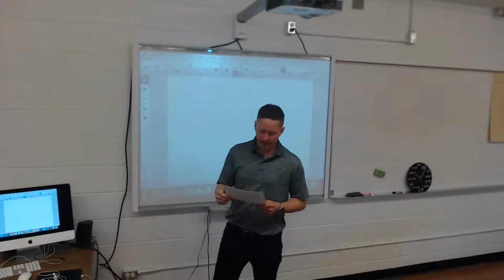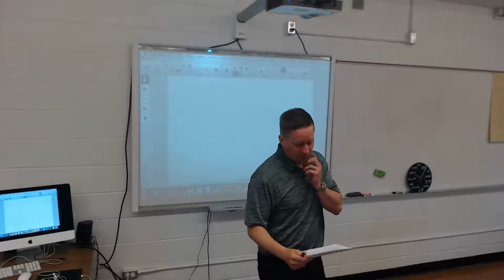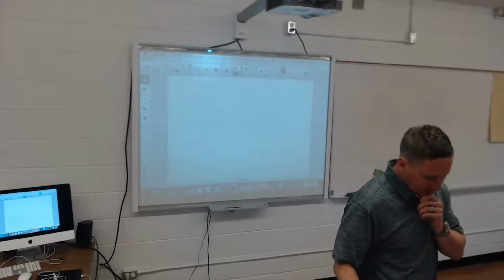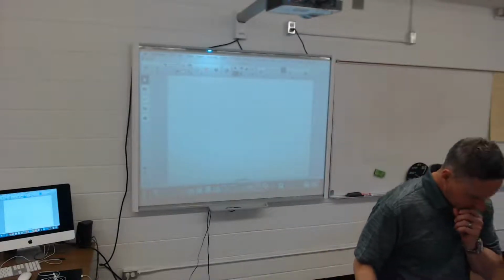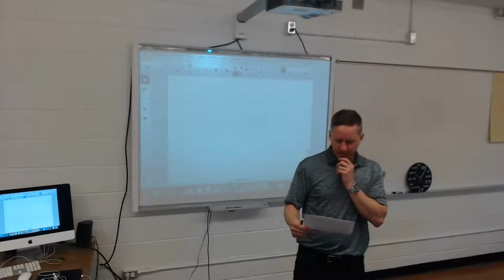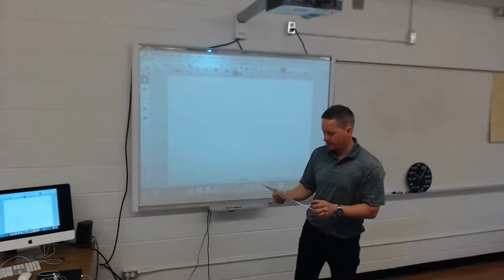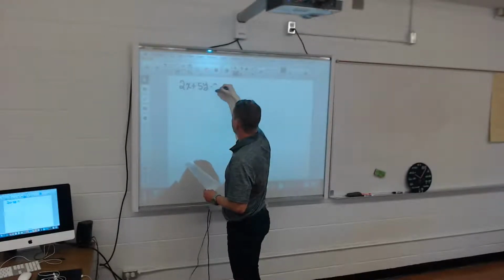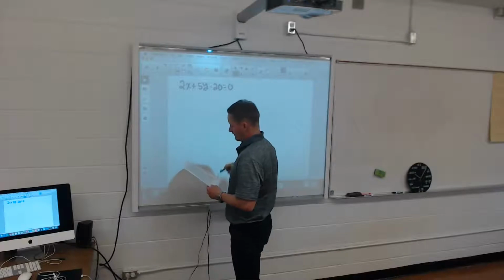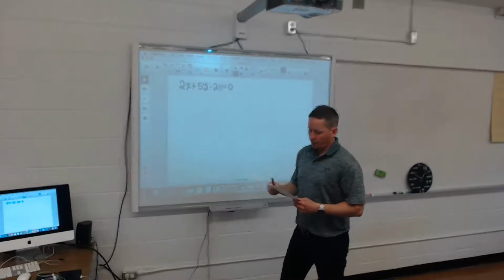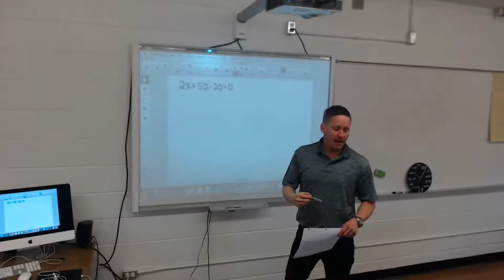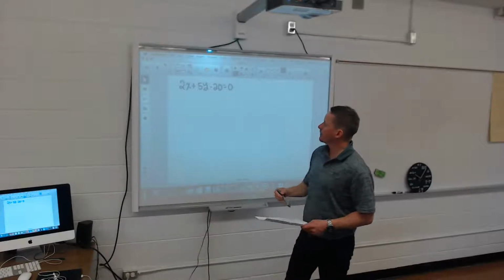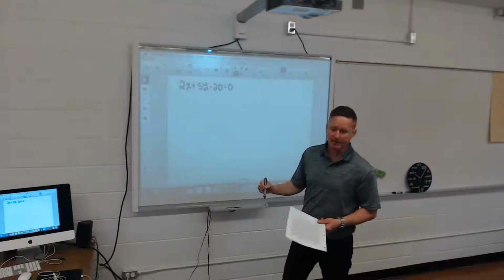All right, number 3. Change the equation 2x plus 5y subtract 20 equals 0 into slope-intercept form. All right, so that means that we have to isolate the y. So the first thing I want to do is move everything to the other side.